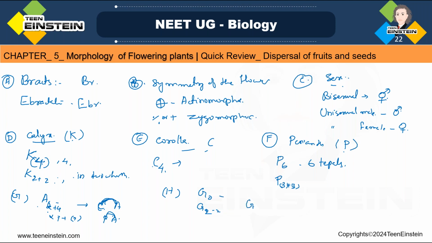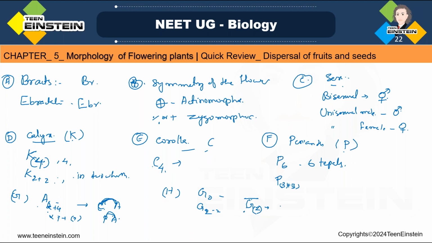And if we are writing G with a line on top and 2 carpels, that is also fused. So bicarpellary, first we need to read bicarpellary and syncarpous, this is fused. So syncarpous and inferior, under that line means ovary is inferior ovary. Okay, inferior ovary we need to tell.